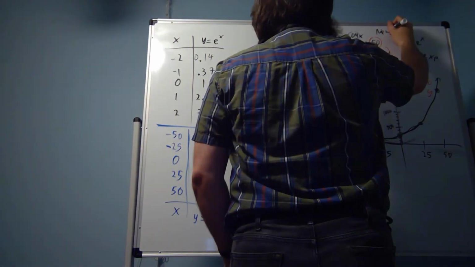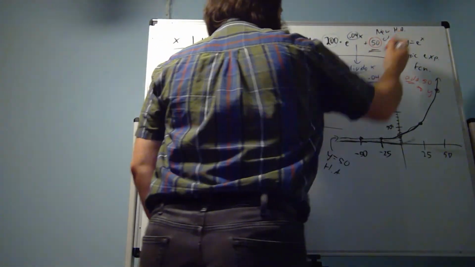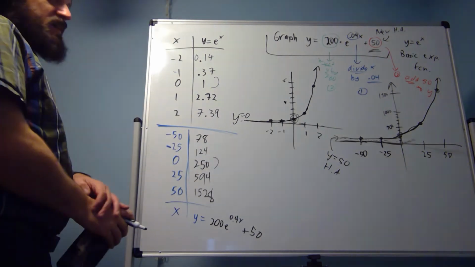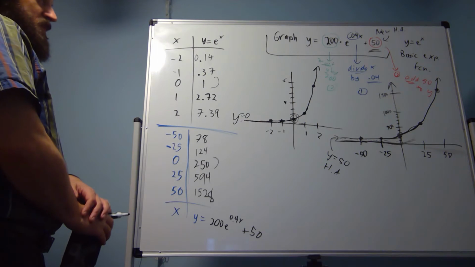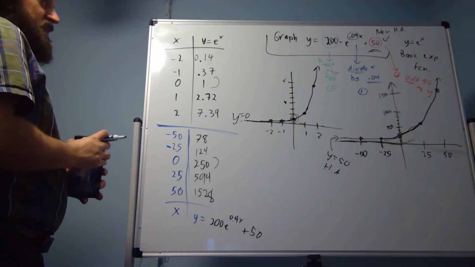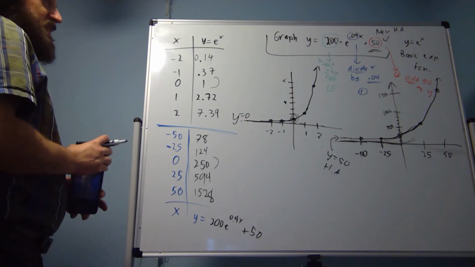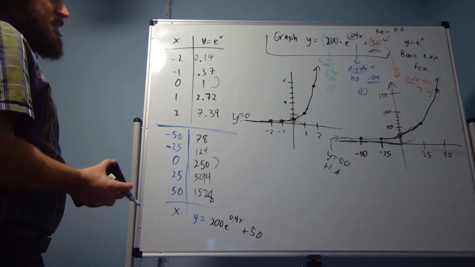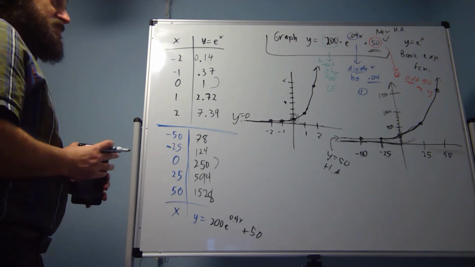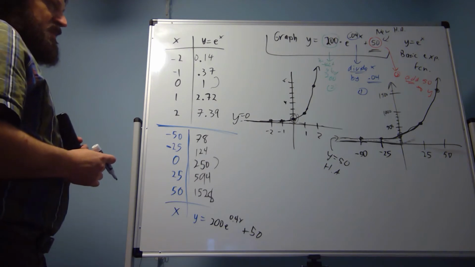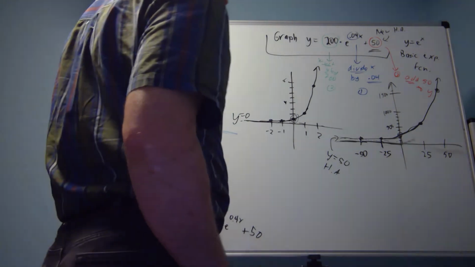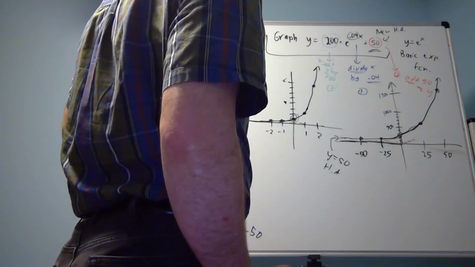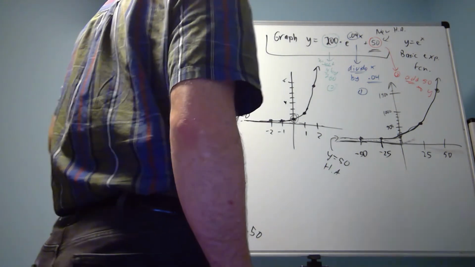So the new horizontal asymptote is a constant that's added on outside of everything. So you take e to a constant times x, you multiply by another constant, then you add a constant at the end. That constant at the very end is the horizontal asymptote. And it looks like that. And that's roughly what it looks like.